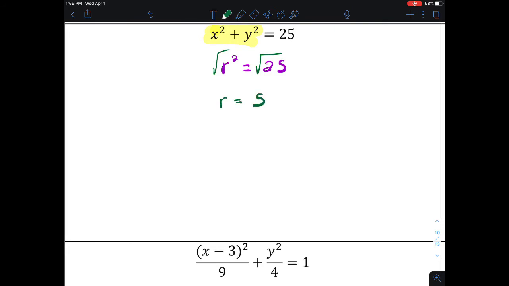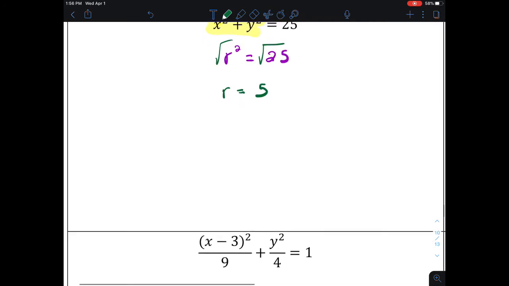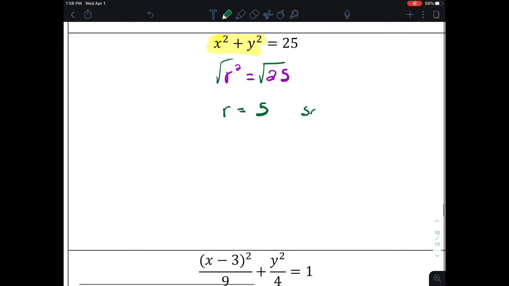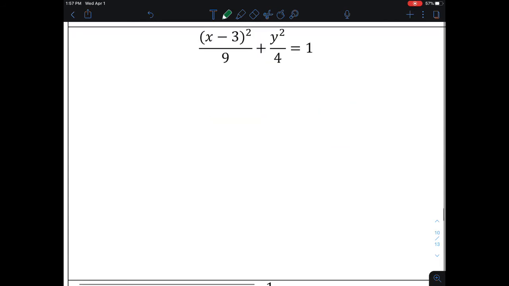Now, if you were to graph r equals 5, it's going to be the same graph as r is equal to negative 5. Either one would work.